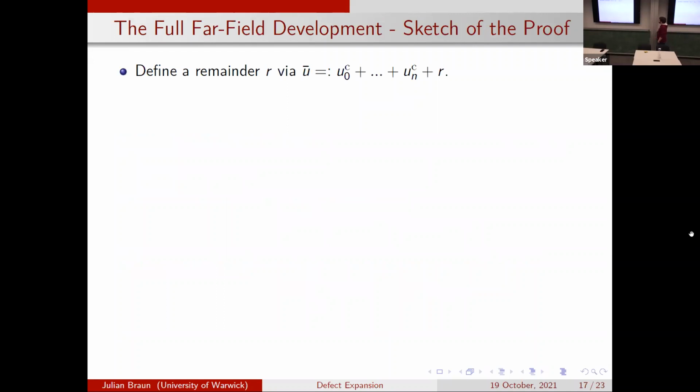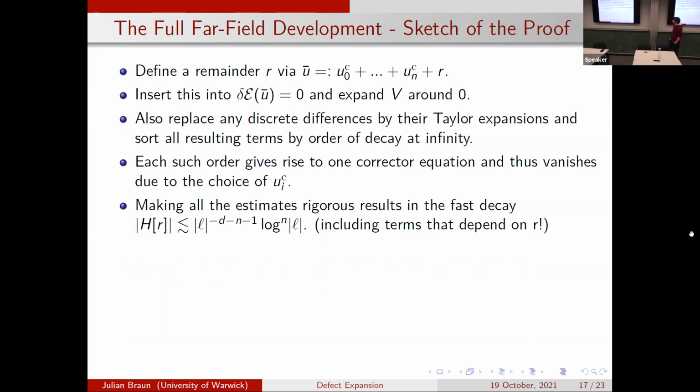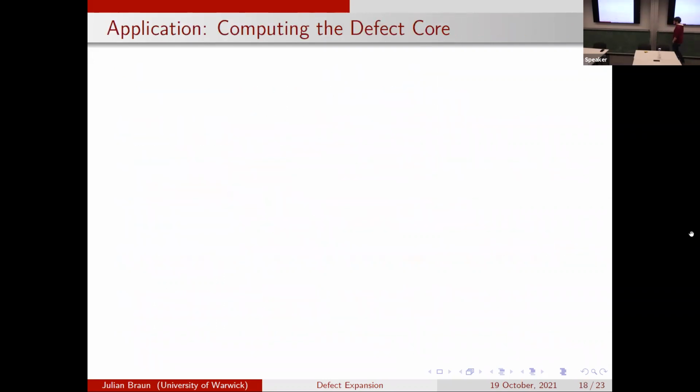I don't think it would be useful to go into the sketch of the proof for that, because it's very sketchy and still very complicated. But I want to say a bit about the computations. So this is a very general structure result, but one of our key motivations is to really use this for computational purposes.